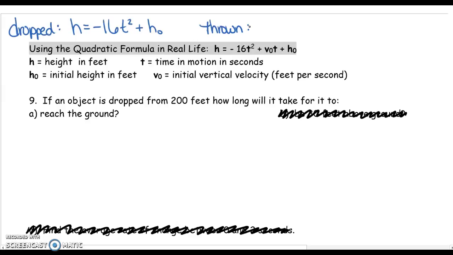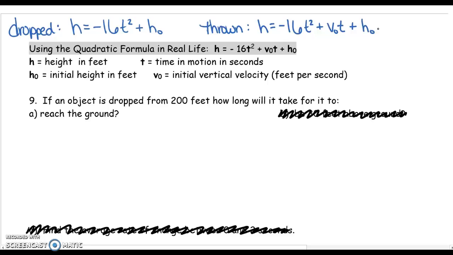An object thrown is h equals negative 16t squared plus v sub 0 times t plus h sub 0. If you're in physics classes, you probably call that v naught and h naught. It can also be said v sub 0, h sub 0. You can use those terms interchangeably.